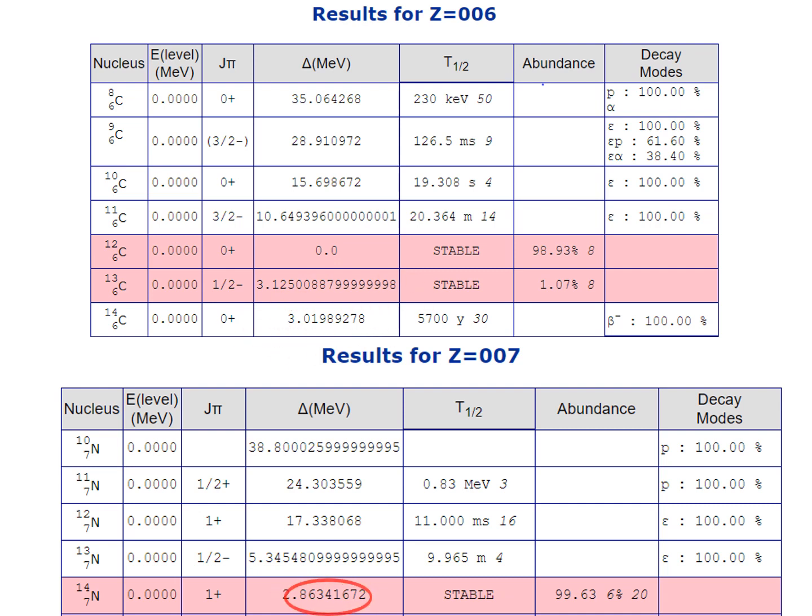The nitrogen data, Z of 7, nitrogen-14, shown here. So again, the Q value would be the parent 3.01989 minus the daughter 2.86341. And that's how one can calculate the Q value for that specific reaction.